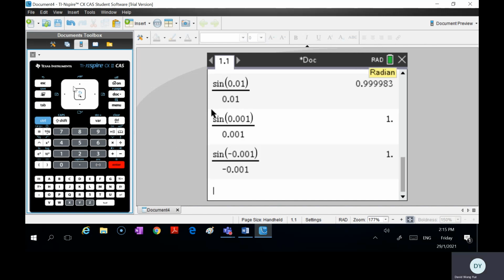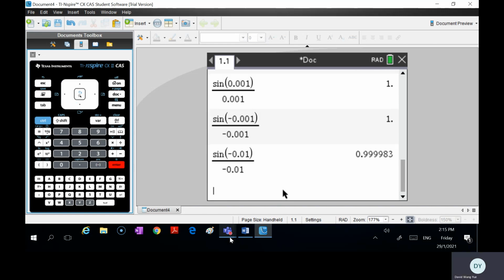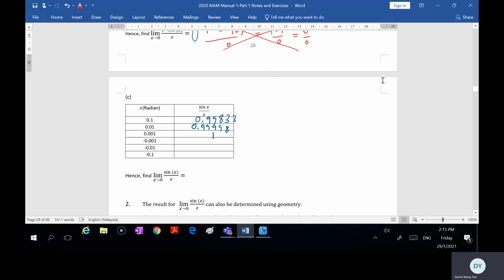Also 1. What if I put negative 0.01? Same. So what happened is, in fact, there's a reason.